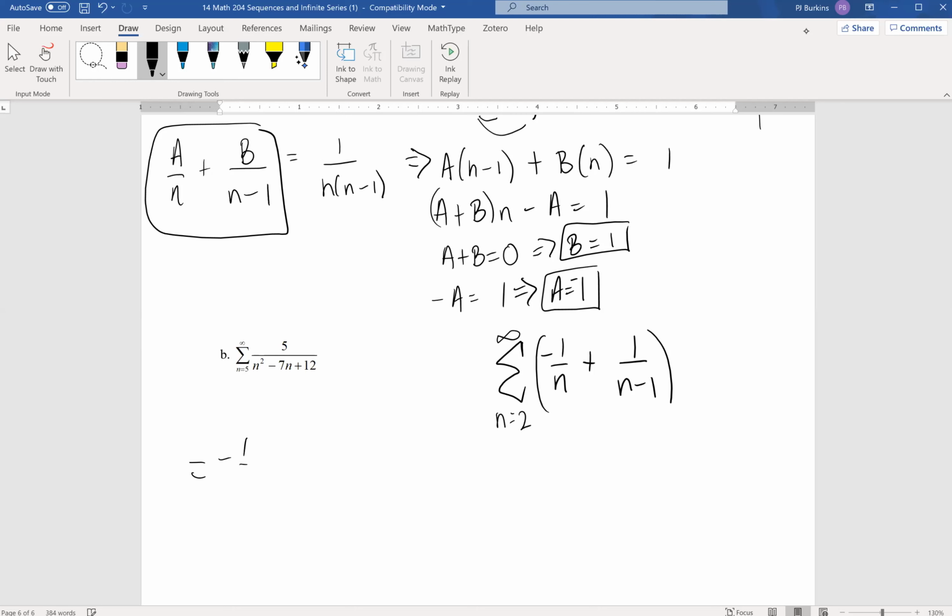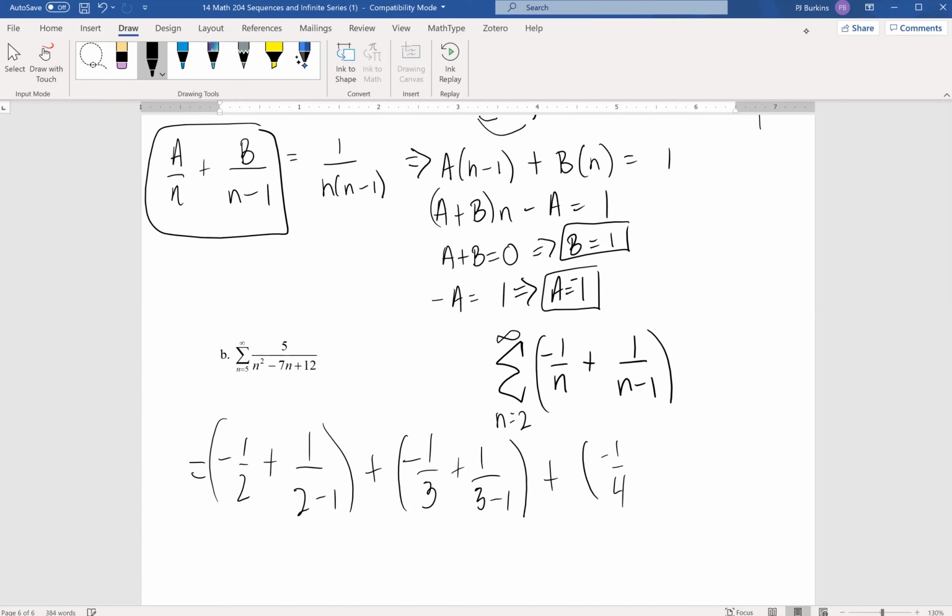It's going to be negative 1 over 2 plus 1 over 2 minus 1. Then I let n equal 3. So plug in 3 for n everywhere. Then I let n equal 4. And 5, and so on.